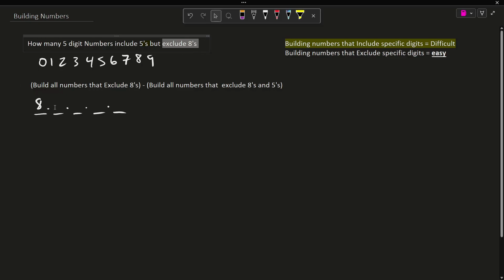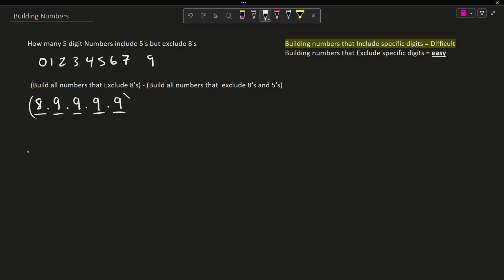So how many options do I have for the second position? I have 9 options, 1, 2, 3, 4, 5, 6, 7, 8, 9. You can see up here there's 9 numbers. And the same reasoning goes for the third digit, the fourth digit, and the 5th digit. So here, I've successfully built a set of numbers, which, by the way, if I calculate this out, is 52,488.